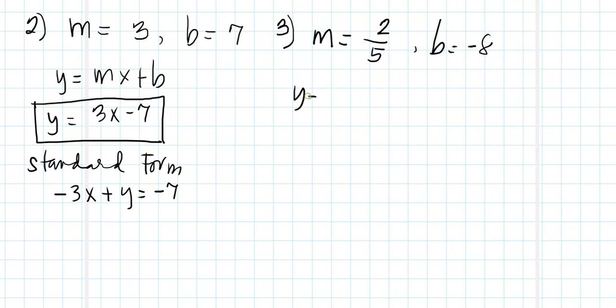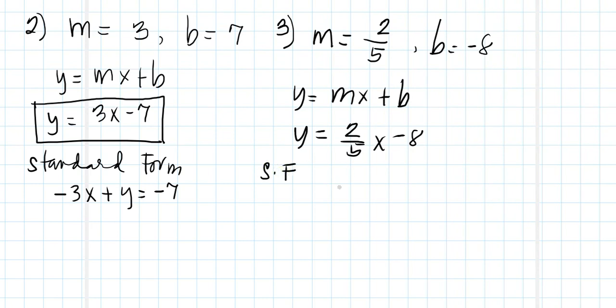Another example, if m is equal to 2/5 and your b is equal to -8. Again, we write mx plus b and then just substitute: y equals 2/5 x minus 8. What about this one? How do you change to standard form? Transpose: -2/5 x plus y is equal to -8.